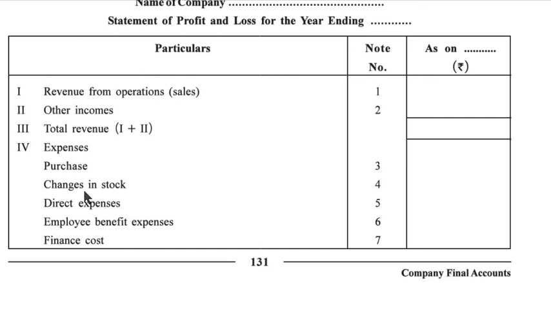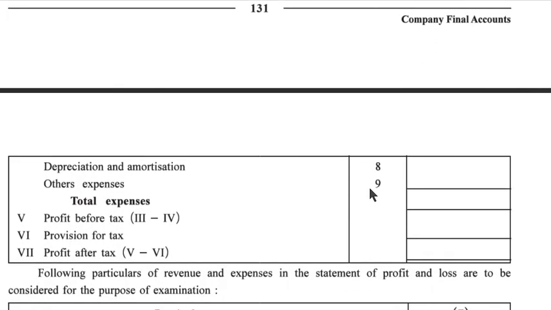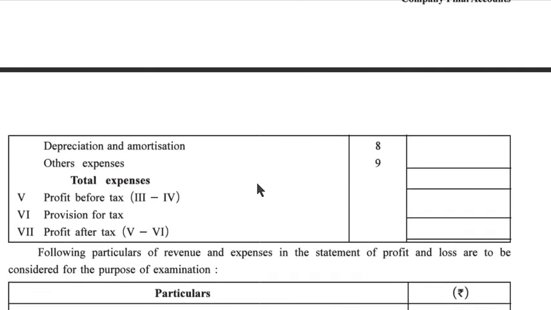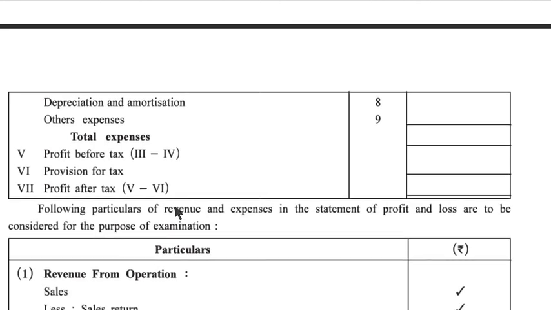Expenses: purchase, changes in stock, direct expense, employee benefit expense, finance cost, depreciation and amortization and other expense, and here we have to write the total. Profit before tax, 3 minus 4. Sixth one, provision for tax. Seventh, profit after tax, 5 minus 6.